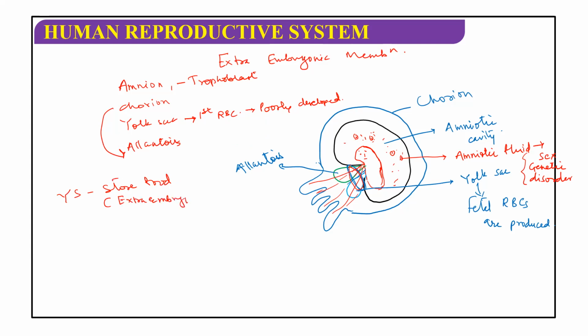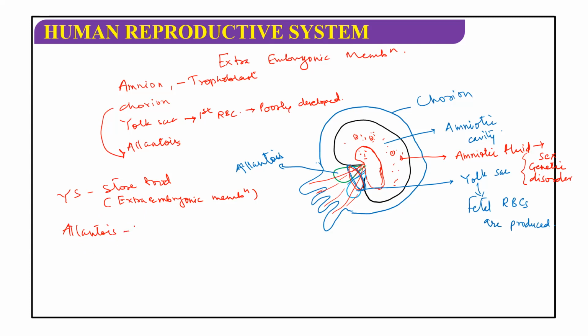What is the benefit of this extraembryonic membrane? Can someone tell me? For protection. Embryo को protect करना जरूरी है ना? खुद तो कुछ नहीं कर रहा है अभी. So to protect. So yolk sac is storing the food. Allantois जो है, again this yolk sac and allantois is poorly developed in us, but well developed in birds and reptiles.